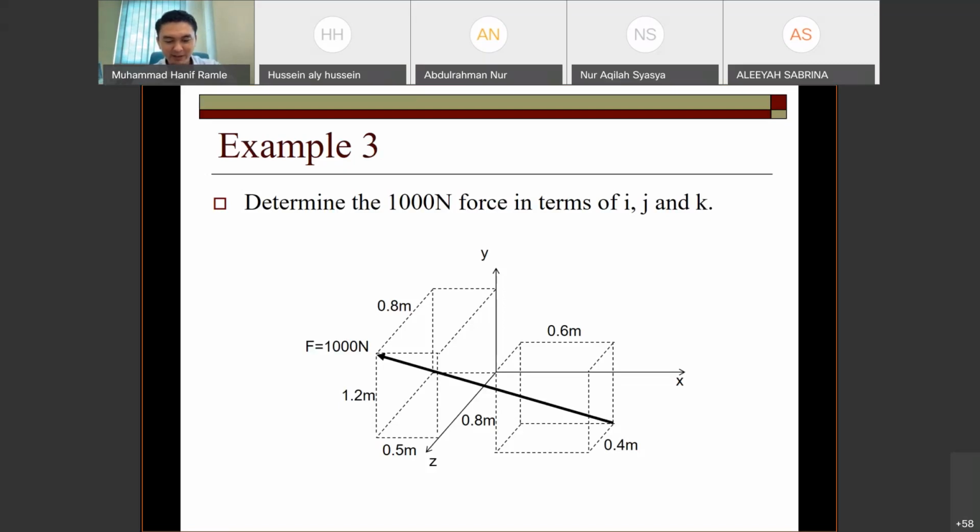So example 3. You have to determine the 1000 force in terms of i, j, k form. So how to do this? Any idea? Coordinate method, yes, of course. For the coordinate method, what do you have to find first?